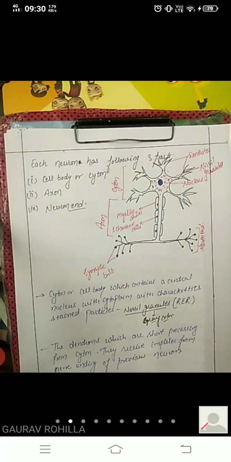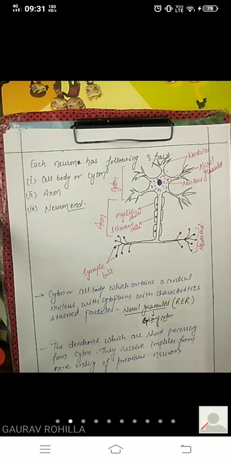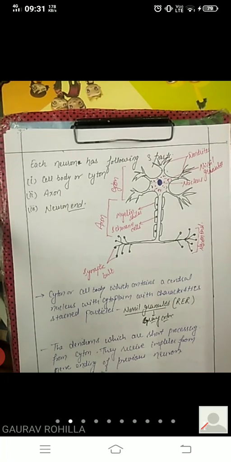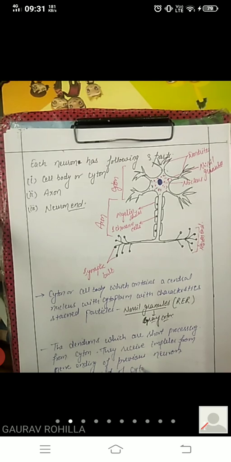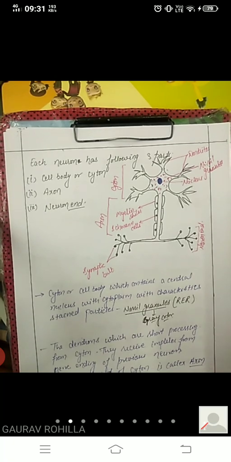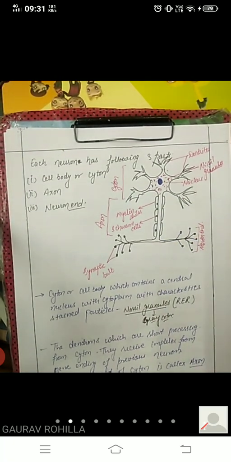Next, the long process of cytone is called axon.